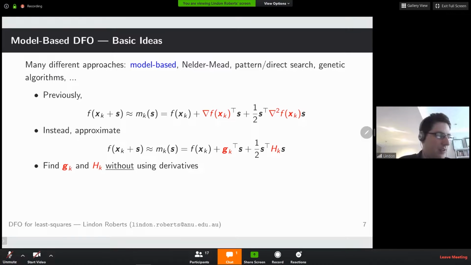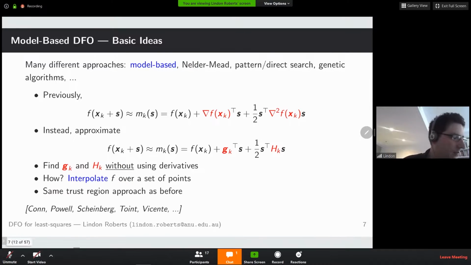Before we had a local approximation of our objective by a quadratic Taylor series. So what I'm going to do is replace the gradient of the objective with some vector G and replace the Hessian of f with some matrix H. I'm just going to say, let's find a G and an H in some way without using derivatives of the objective. And then I've got my quadratic approximation and we can carry on as we did before.